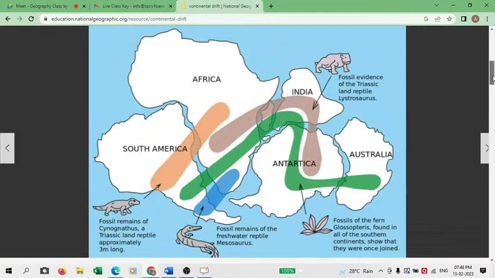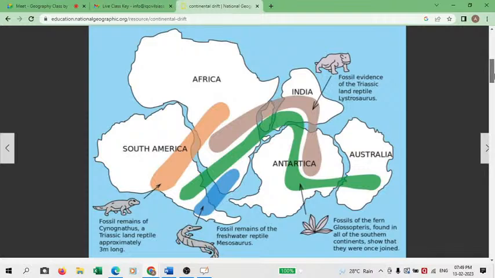Can you read this? Fossils of the fern Glossopteris found in all of the southern continents. This is a different species. It is not a faunal species, means it is not an animal fossil. This is a plant fossil or tree fossil. Now fossils of the fern Glossopteris found in all of the southern continents show that they were once joined.